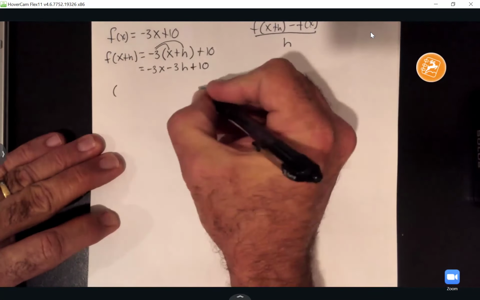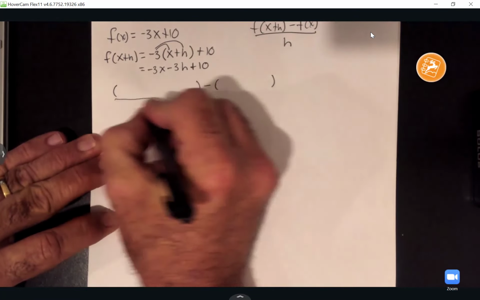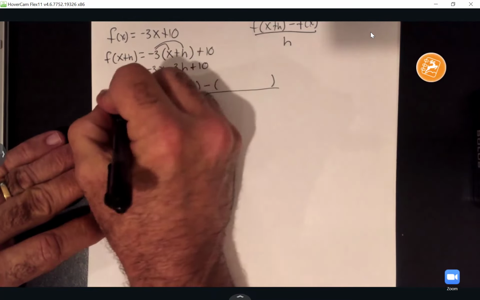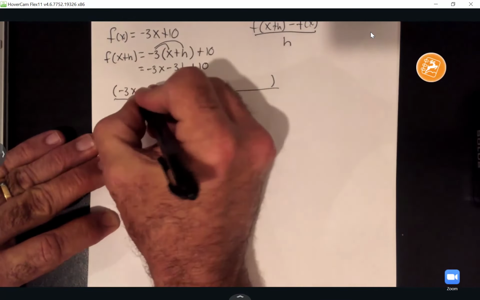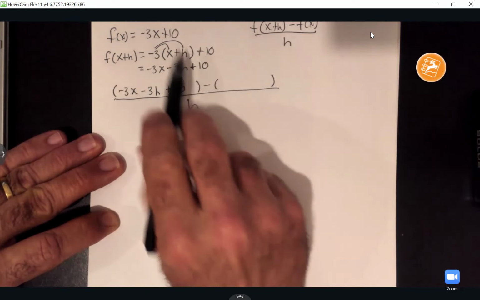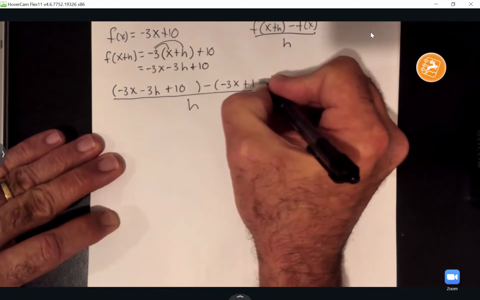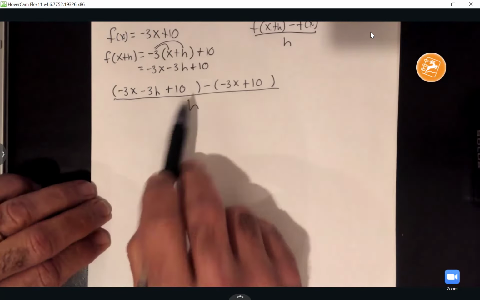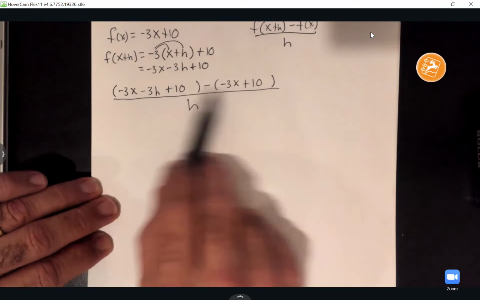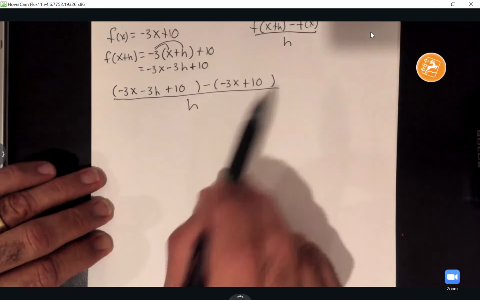So remember, now I'm just going to start plugging stuff into that formula here. So we found f of x plus h, that's -3x minus 3h plus 10 minus f of x, which is -3x plus 10. And then h on the bottom. But y'all remember, I'm going to distribute this negative here and get rid of all my parentheses.